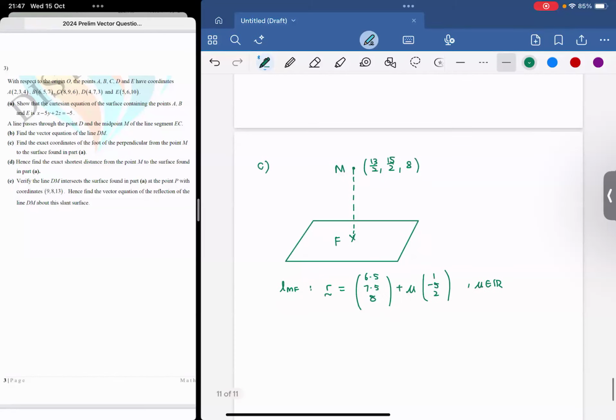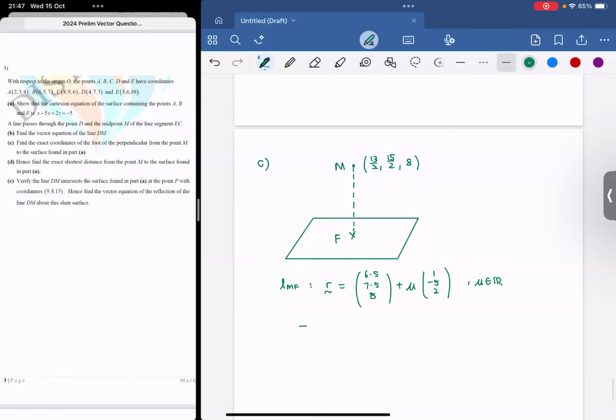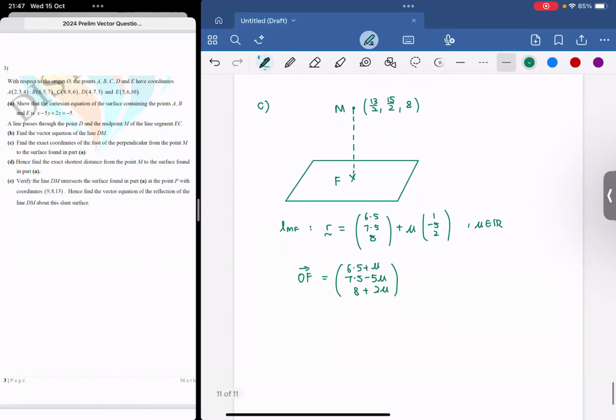Okay, since F is on the line, we can write OF as 6.5 plus mu, 7.5 minus 5 mu, 8 plus 2 mu. Okay, and we know that OF is on the plane, so I will take (6.5 plus mu, 7.5 minus 5 mu, 8 plus 2 mu) dot (1, -5, 2), it will be equal to -5.